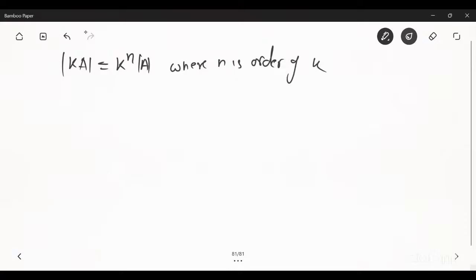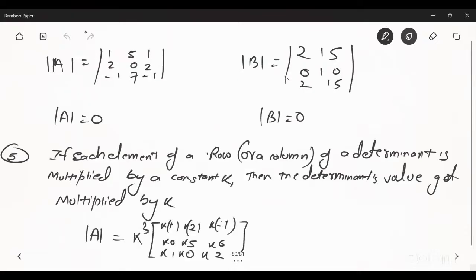So generally, one more property comes from this: if you multiply k by A, then it is always equal to k to the power n times determinant A, where n is the order of A. Multiplying k by A means all the elements are multiplied by k, so k to the power n comes outside. Here n is the order of A, and the order of A is 3 by 3.